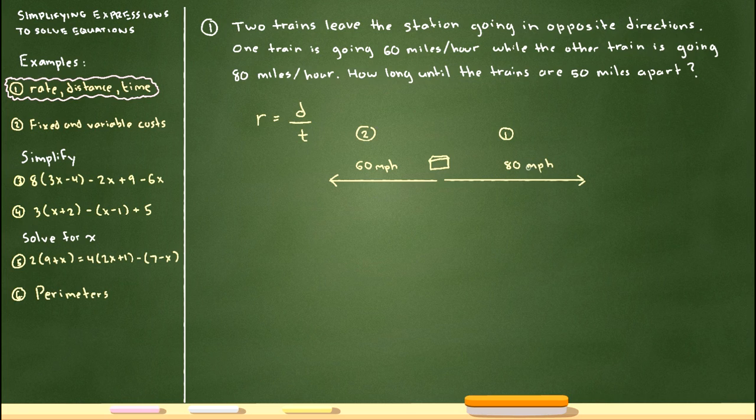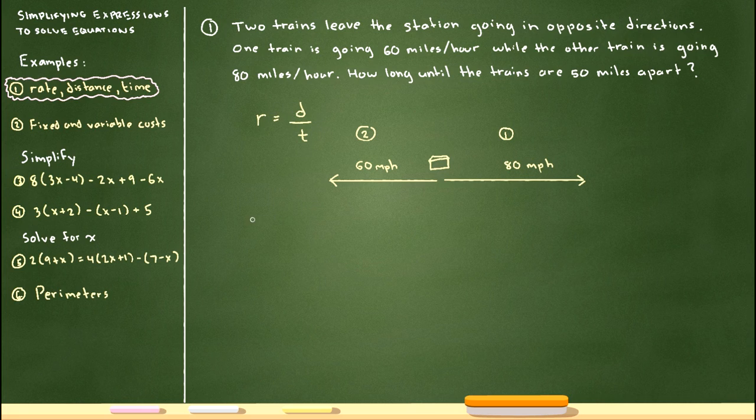If train 1 is going 80 miles per hour, it's going to cover a certain amount of distance, right? What's the distance that it covers in a certain amount of time? If I go over to my rate is equal to distance over time, I could figure out the distance, d. Instead of having this equation solved for r, let's solve it for d.